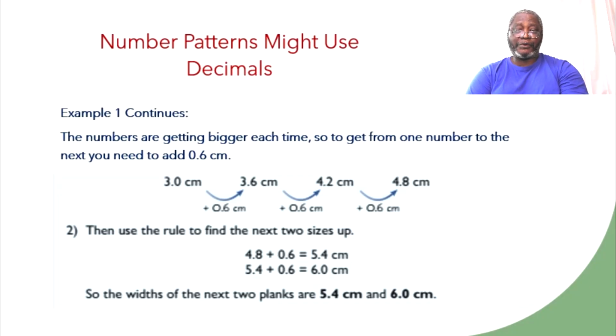If you have 4.8 centimeters, what should you do for the next number? You add 0.6, which will give you 5.4. And then you add 0.6 again to 5.4 to give you 6 centimeters. Now, answer your questions sensibly. Think before you write. So the widths of the next 2 planks are 5.4 and 6 centimeters.